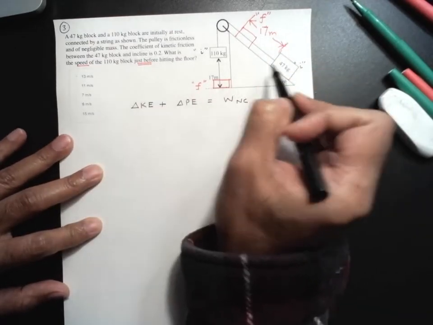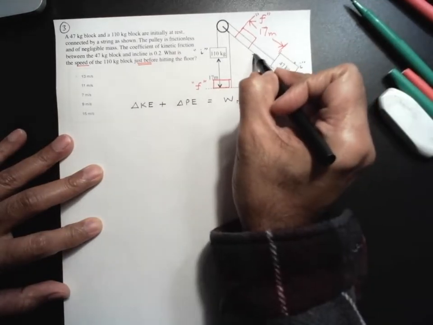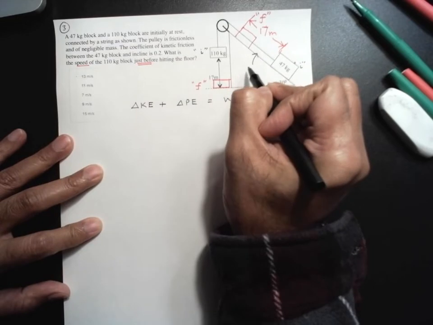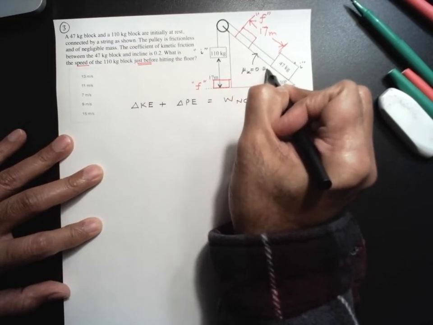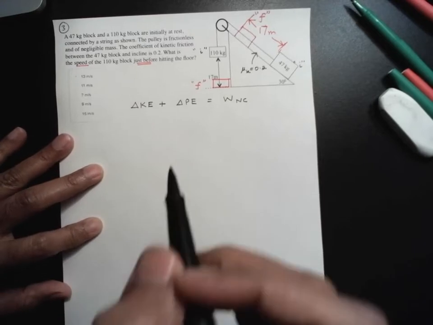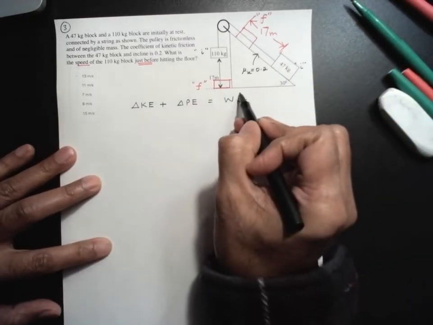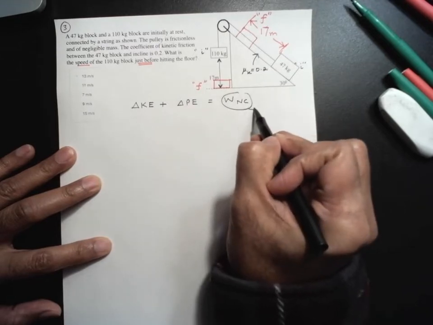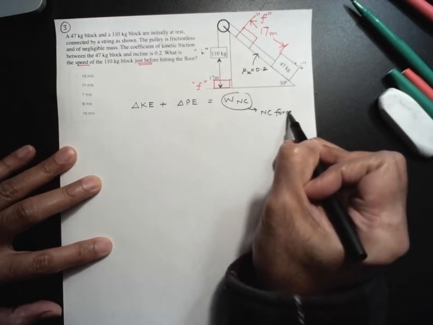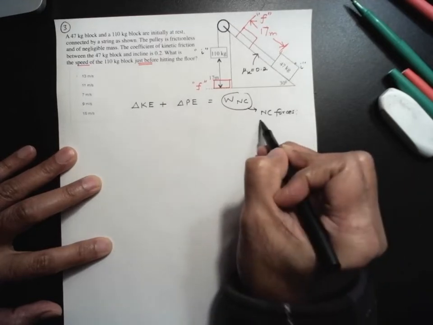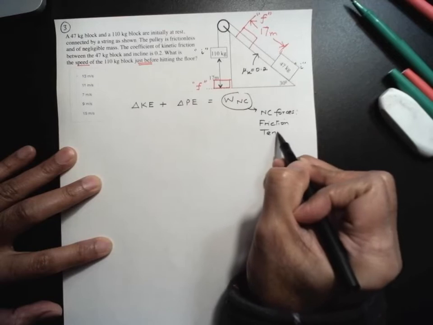So right here there is friction, and the mu sub k is 0.2. Okay, so let's just look at the non-conservative forces for a moment. There are two forces: there's friction, and there's also tension.